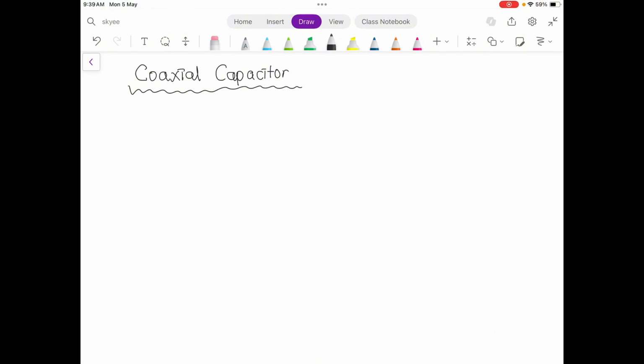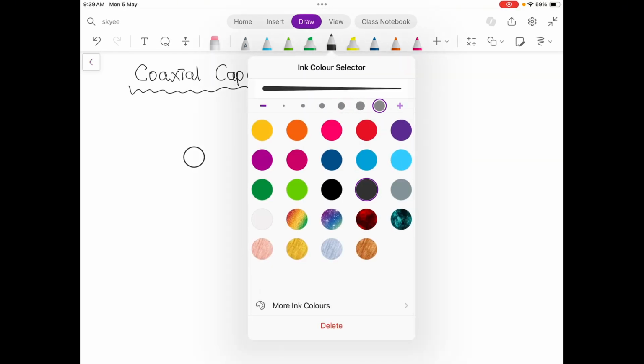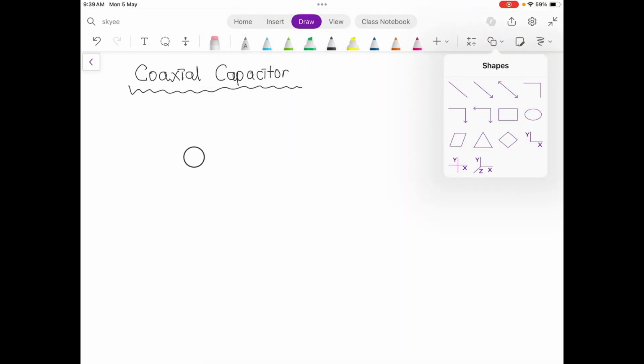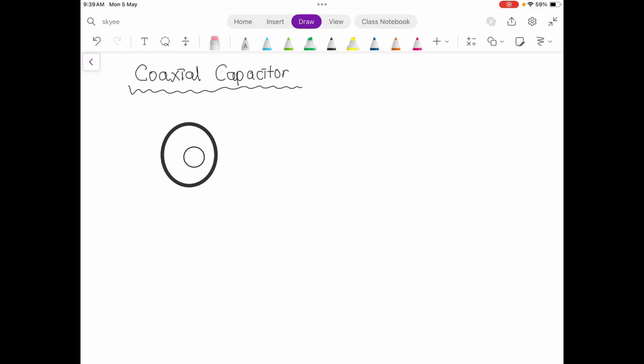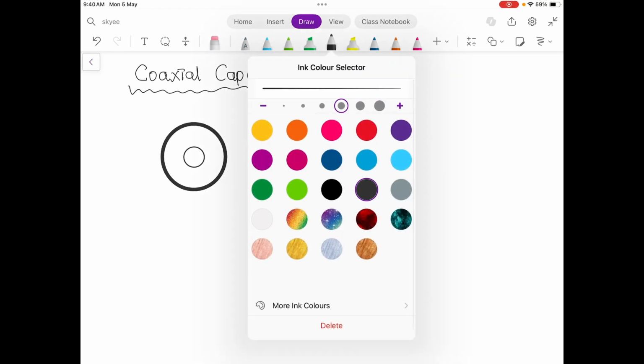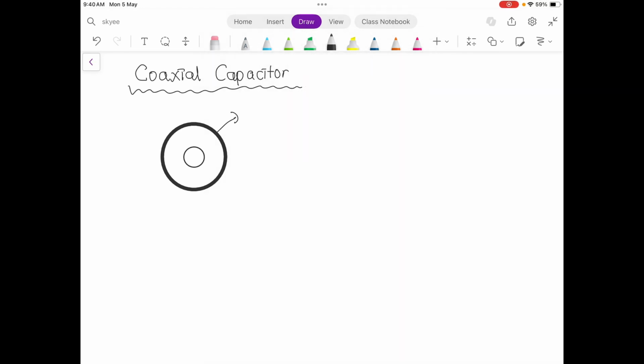The structure of the coaxial is something like this. It has an inner conductor and also an outer conductor. So this is the outer conductor of a coaxial line, and this one is the inner.